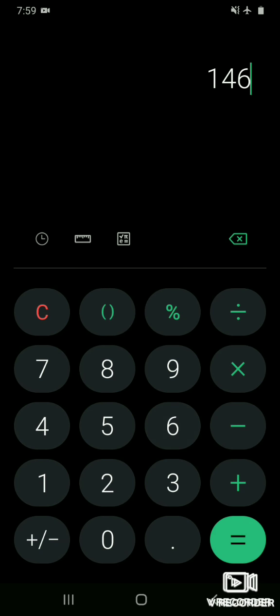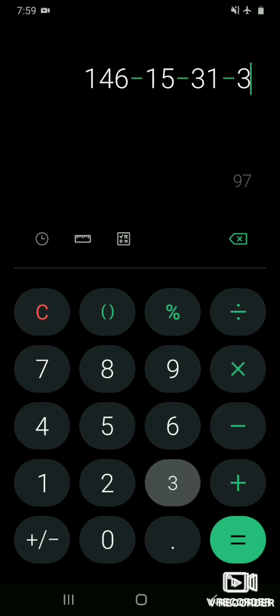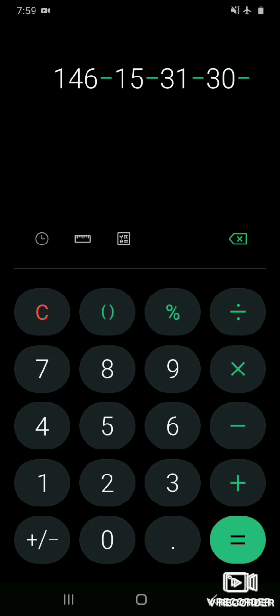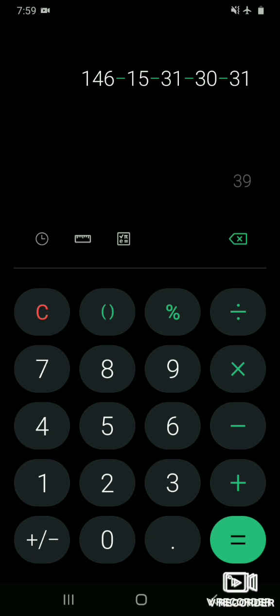So we have 146 days, and in April how many days are remaining? Out of 30 days, 15 days is the date of discounting, so 15 days. Then you have May 31 days, 100 days is remaining. Then June has 30 days, July has 31 days, August has 31 days.